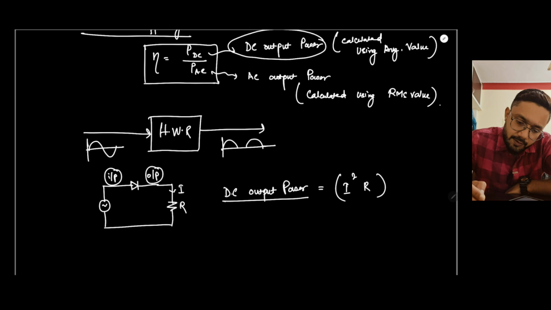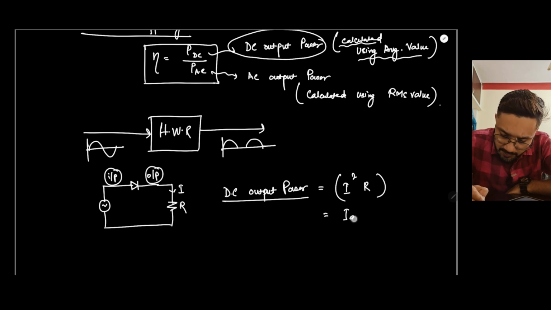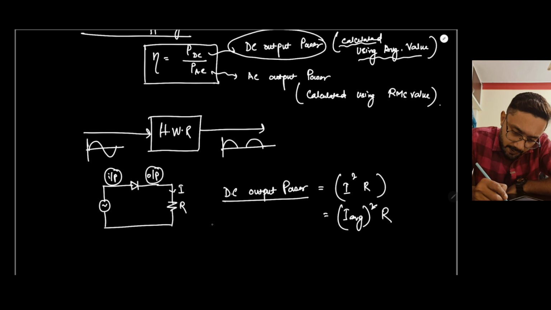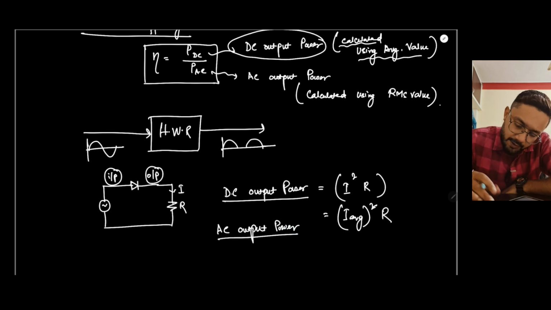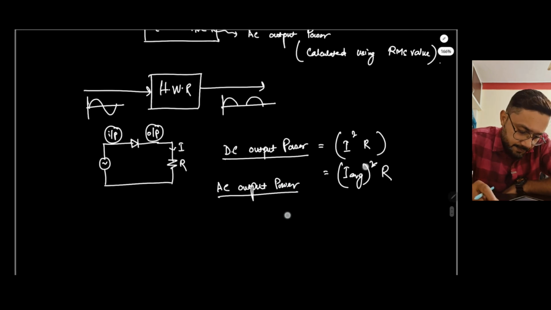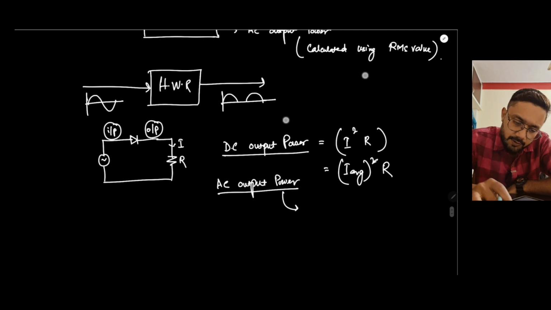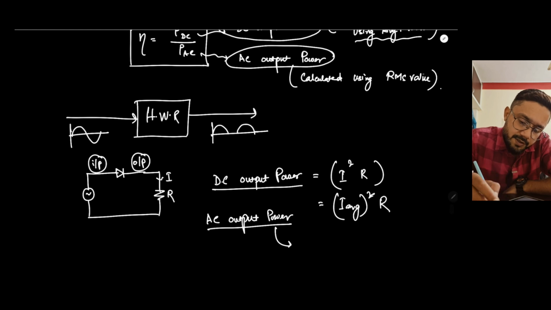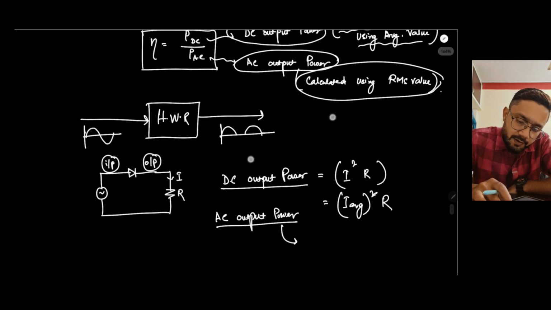So the DC output power calculated using the average value basically means we need to consider I average here. And when we say AC output power, again, who consumes the power in this circuit? Obviously the resistor. But as is written here, the AC output power is calculated using the RMS value.